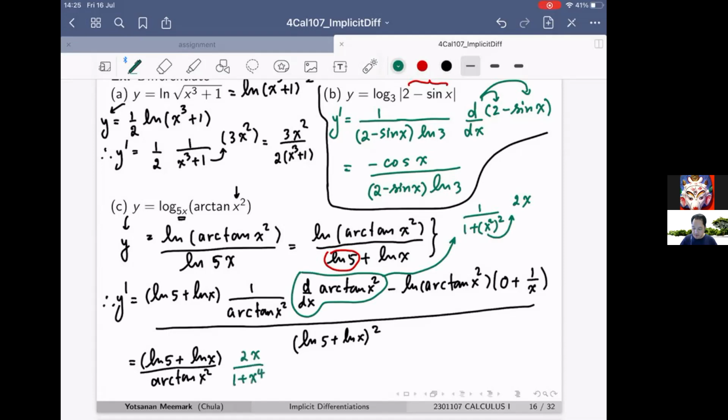You see x fourth here, x squared and then squared. And the rest we just copy. So you have log of arctangent of x squared over x, and the whole thing divided by log of 5 plus log of x squared.